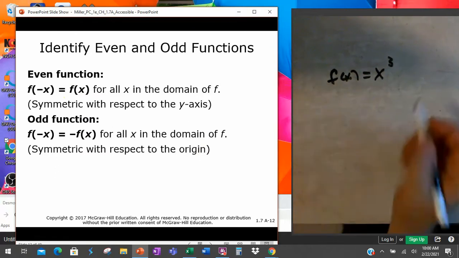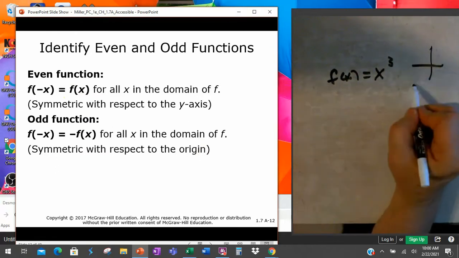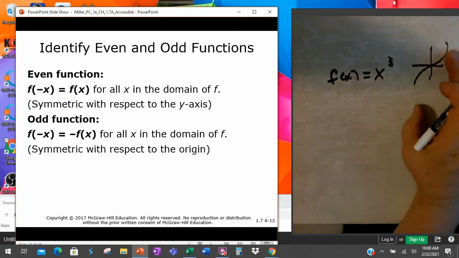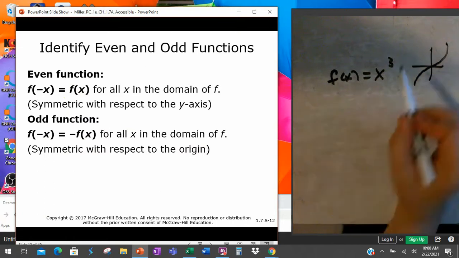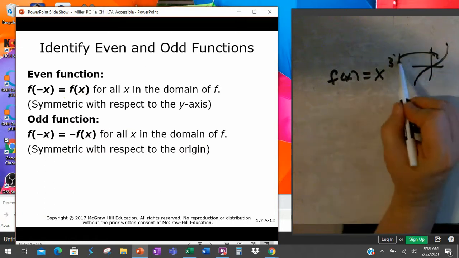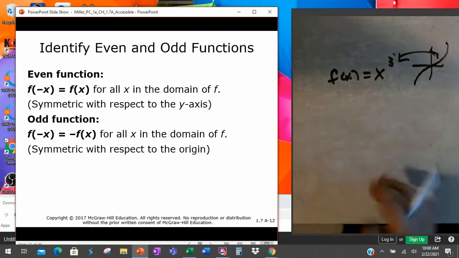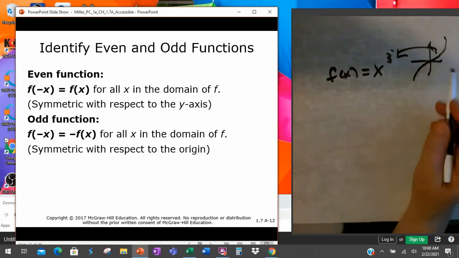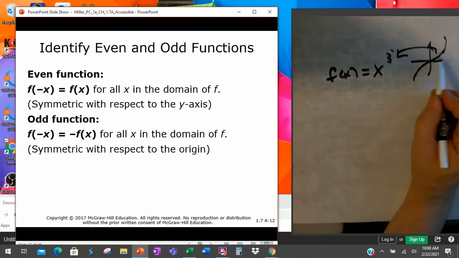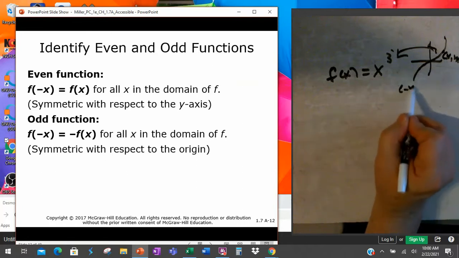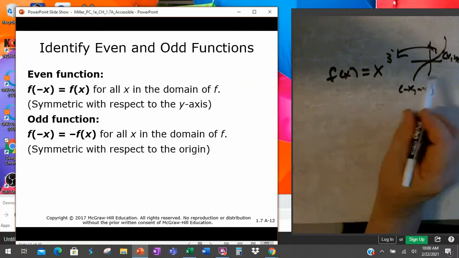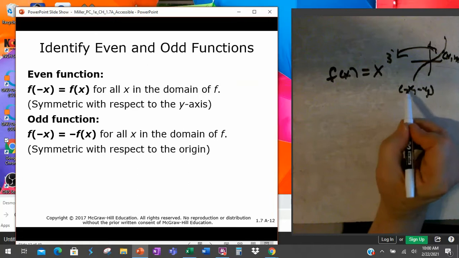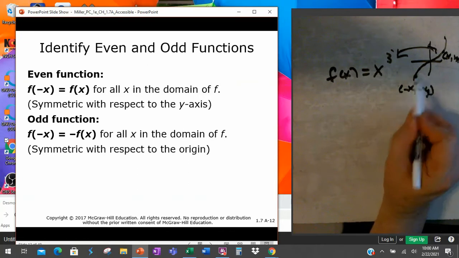Okay, we know what that graph looks like, right? This is this guy. I already have a picture in my mind of what that is. With respect to the origin, remember, if I've got an x, y, then on the other side, whatever that value is for negative x, so this is 2, 4, this would be negative 2, negative 4.